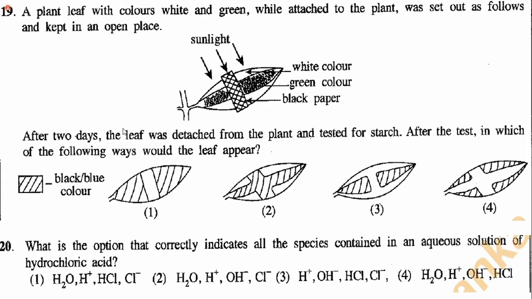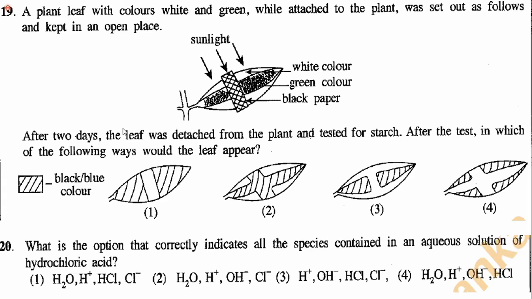So HCl gives H plus and Cl minus, and water also gives H plus and OH minus. Now we can see H plus is released by both HCl and water.